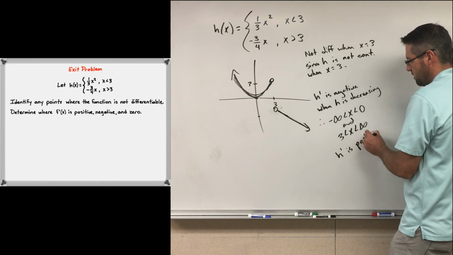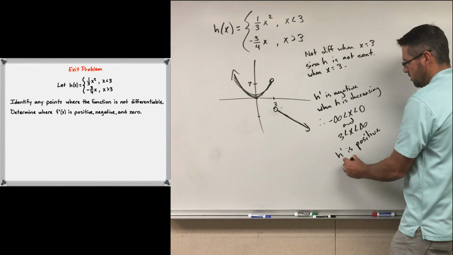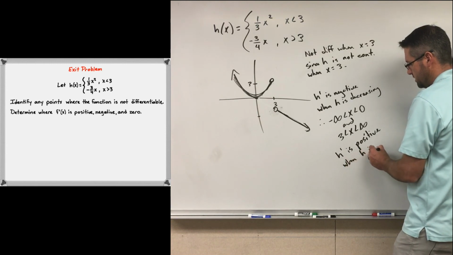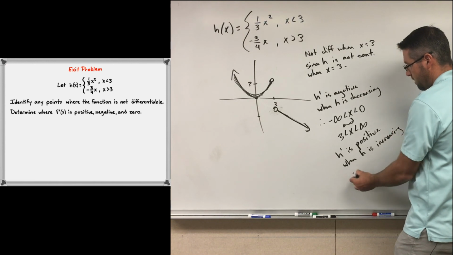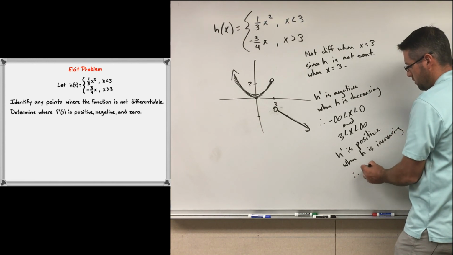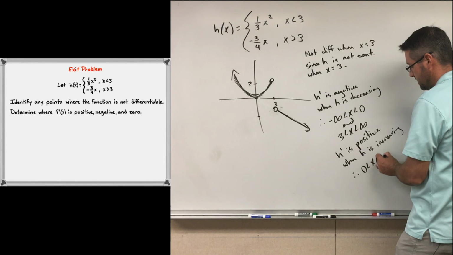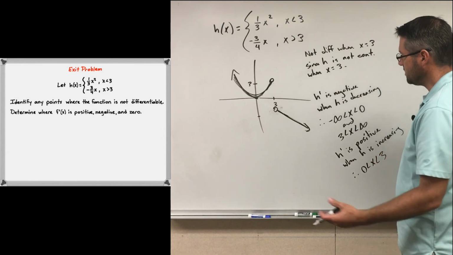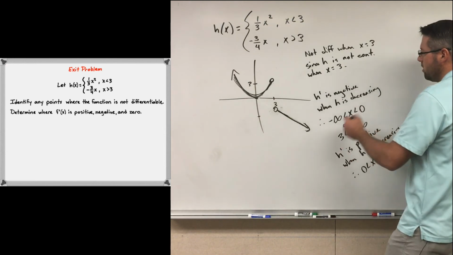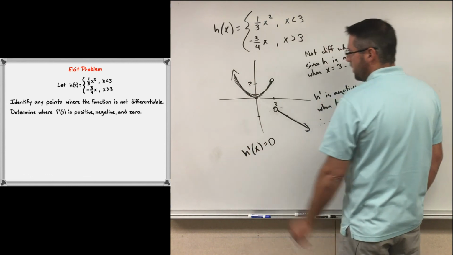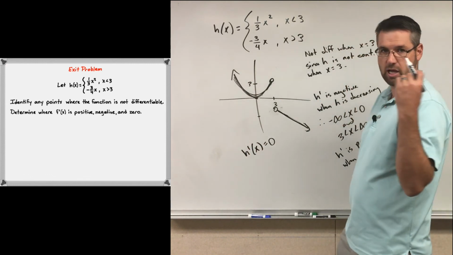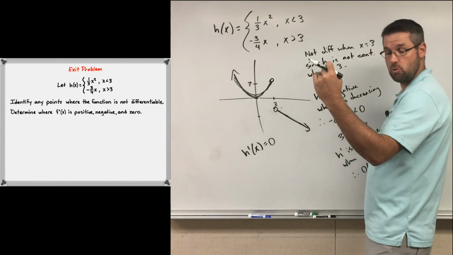So h prime is positive. Again, we'll talk more about that in the future. H prime is positive when h is increasing. And so therefore that would be from 0 less than x less than 3. Okay? And the last part is when is h prime 0? Well, h prime of x is equal to 0 whenever we can draw a tangent line that is flat, because then that slope would be 0.